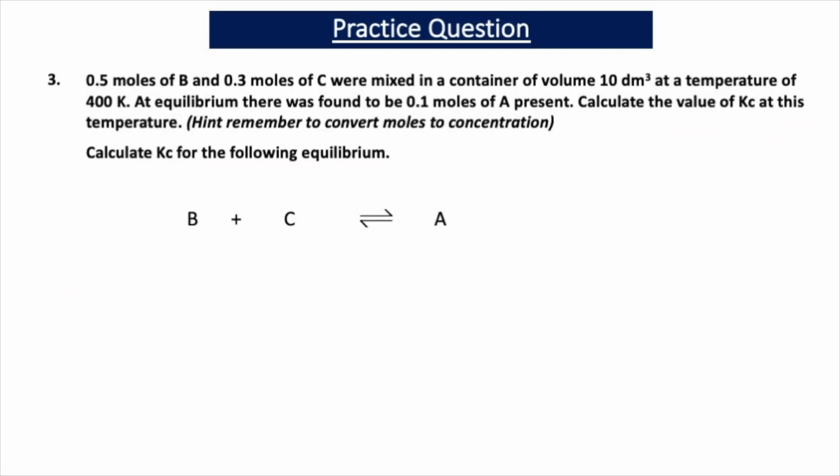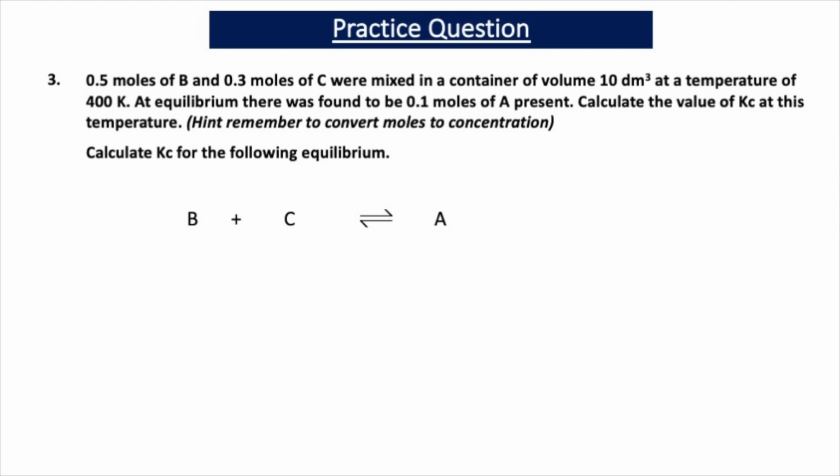So here's our next practice question, and this is slightly different because instead of giving you initial concentrations and equilibrium concentrations, they've given you initial moles and the equilibrium amount of moles. They've also given you a volume in decimeters cubed.